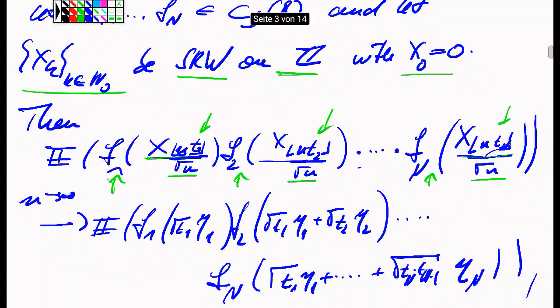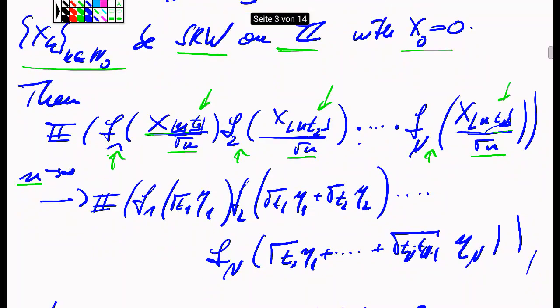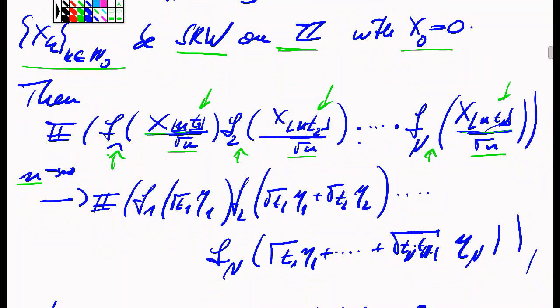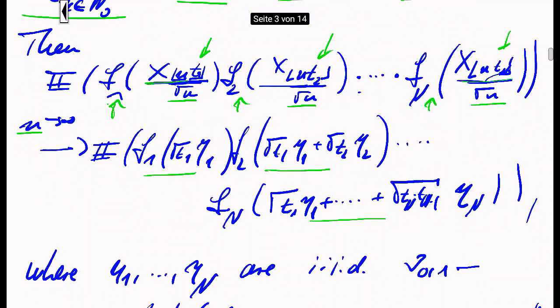And then the statement of this theorem is that if I let n, the scaling parameter, tend to infinity, then the corresponding sequence of expected values converges to an expected value which involves just a proper collection of independent normal random variables.